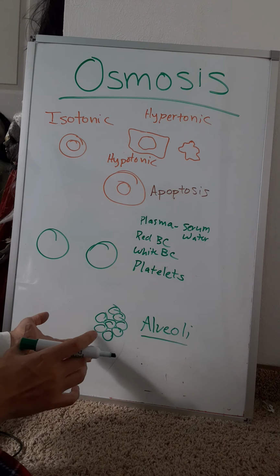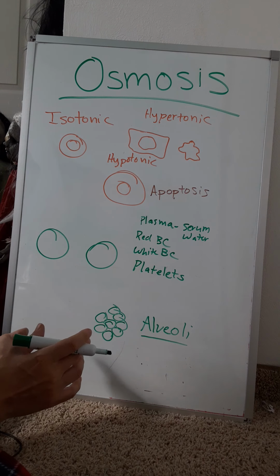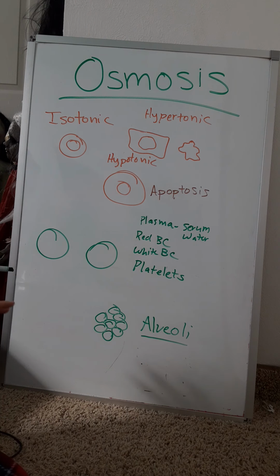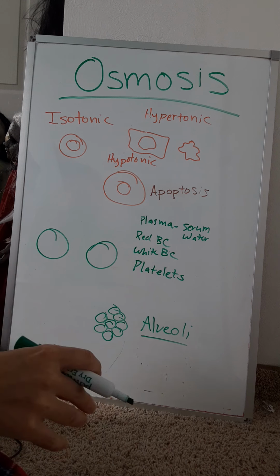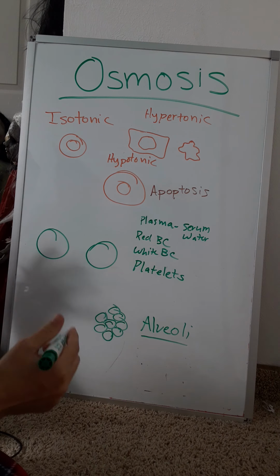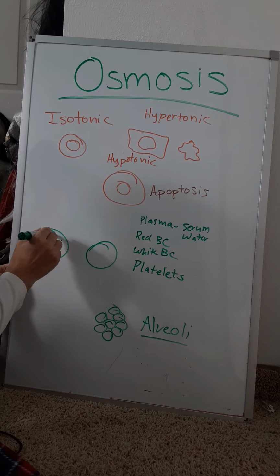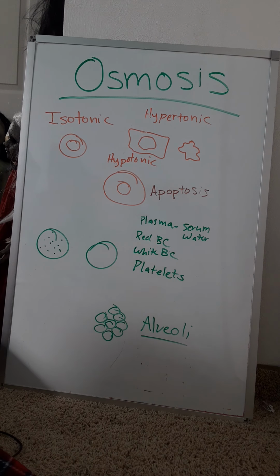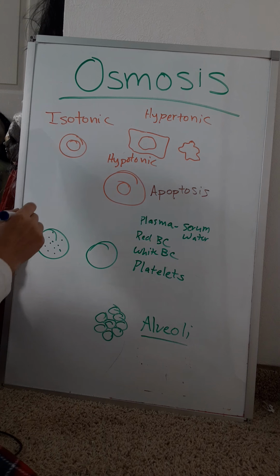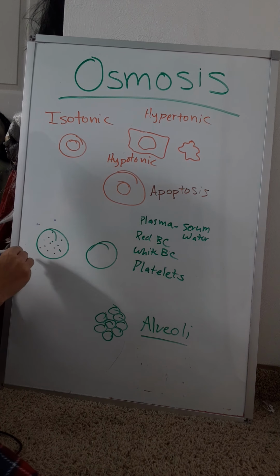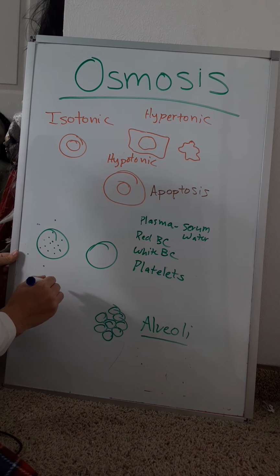And that's where the gas exchange between oxygen and carbon dioxide is occurring. So when cells are carried from the body, they're trying to get rid of carbon dioxide. So a cell will have a lot of carbon dioxide that it needs to get rid of. But you're also breathing in oxygen.